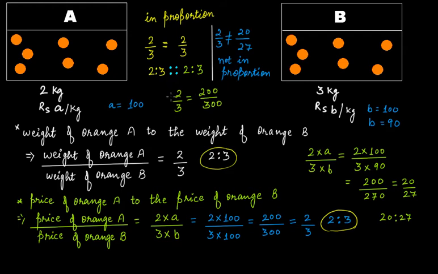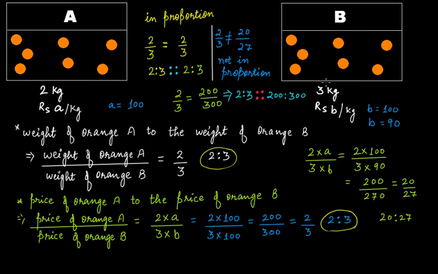So when this one was in proportion, when we simplify this ratio, we can get this one, right? So we can say that these two ratios are equal, and in another way we can say that this is 2 ratio 3, and then the proportion sign, and then 200 ratio 300.